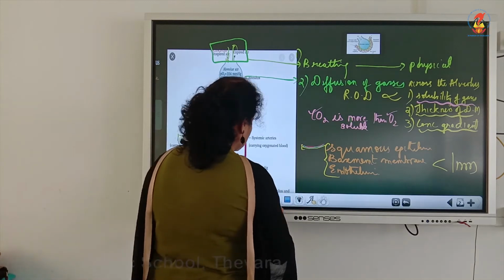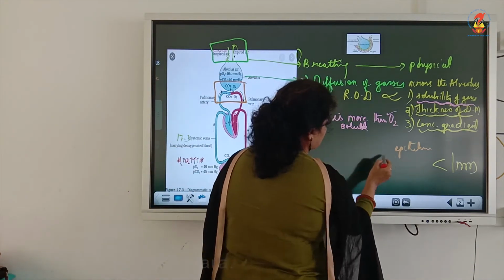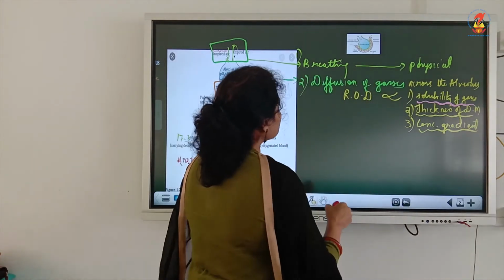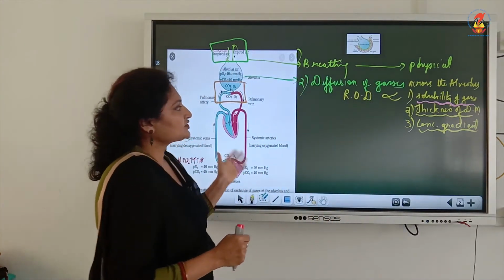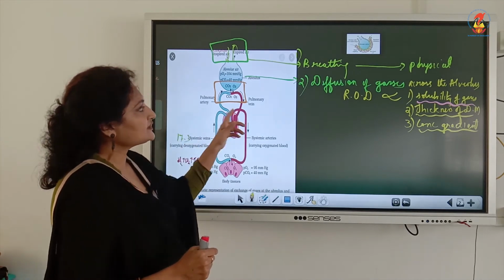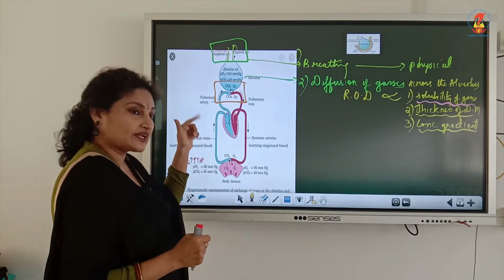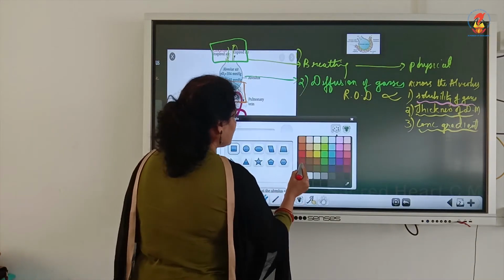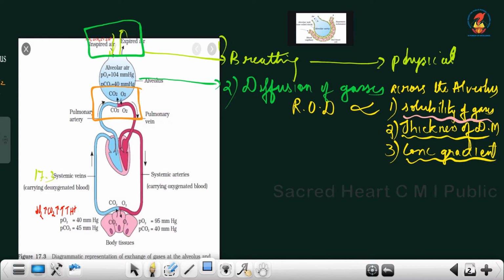Next, moving on is the third step. But before going to the third step of respiration, you can see this diffusion occurring somewhere else at the tissue level. So I am bringing the fourth step now itself.